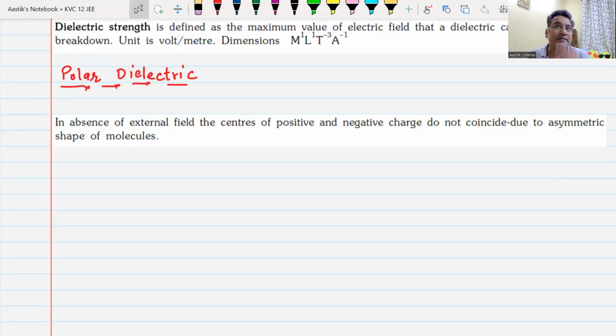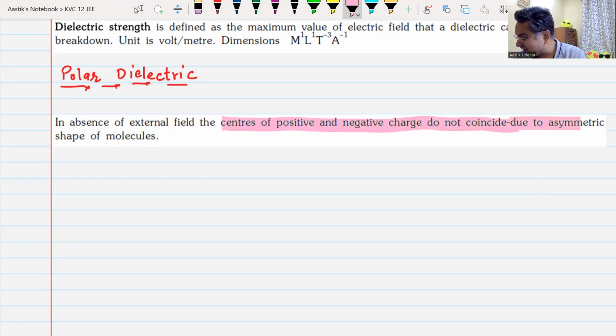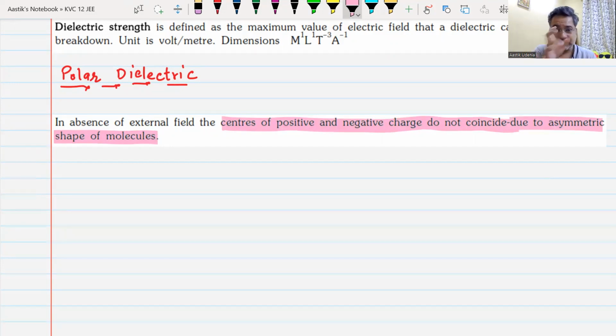Water consists, if I remember from my 11th standard chemistry, of hydrogen and oxygen, and hydrogen is positively charged and oxygen is negatively charged. The centers of the positive and negative charge do not coincide due to the asymmetric shape of the molecules. Molecules are not symmetric, and therefore the center of the positive and the center of the negative charge do not coincide. Do we understand this?